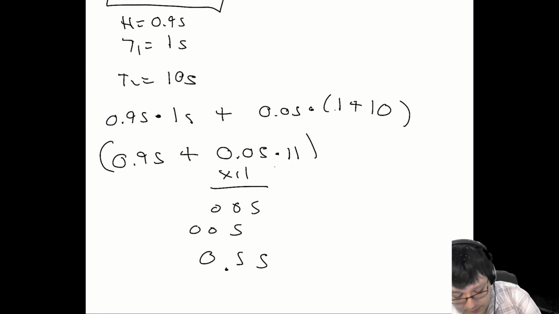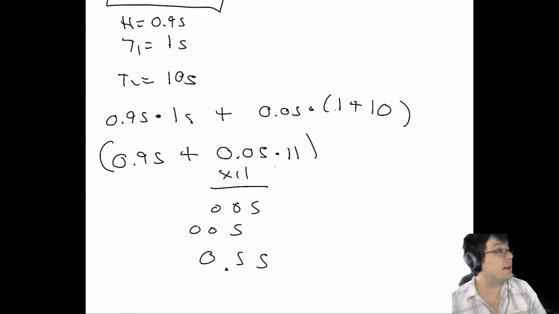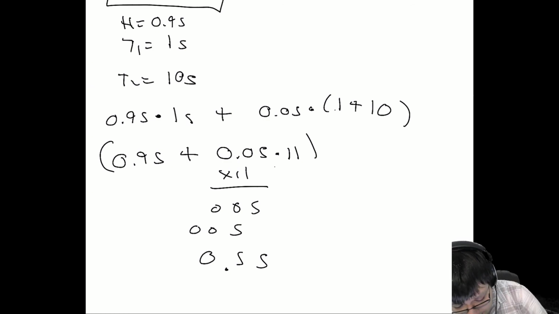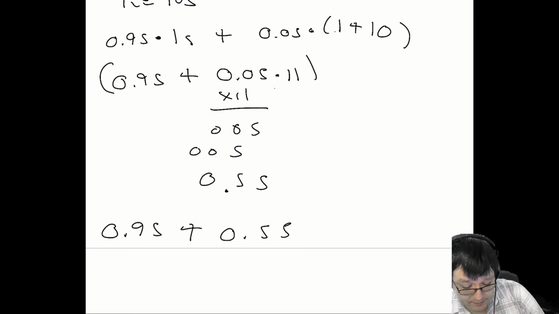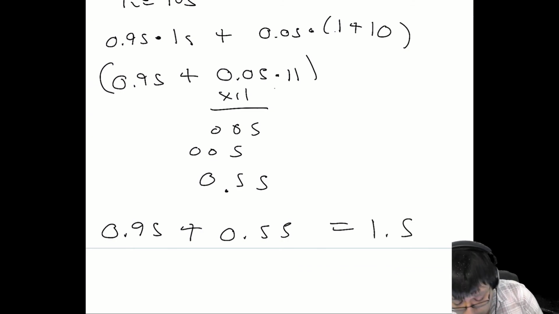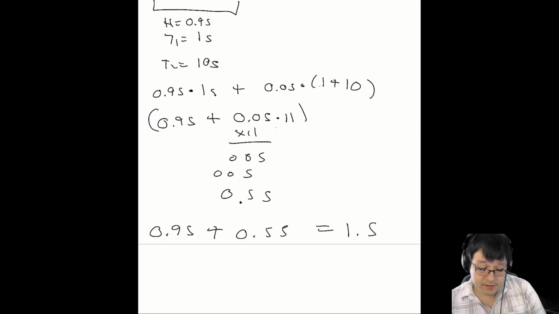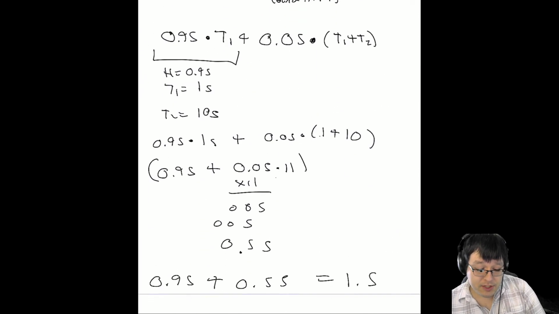So it's 0.55, I think, right? Is that what you guys got? Okay, cool. You got the same. Nice. So then we get 0.95 plus 0.55. Now add those two together. You're going to get 1.5, I think. Yeah, 1.5, okay?